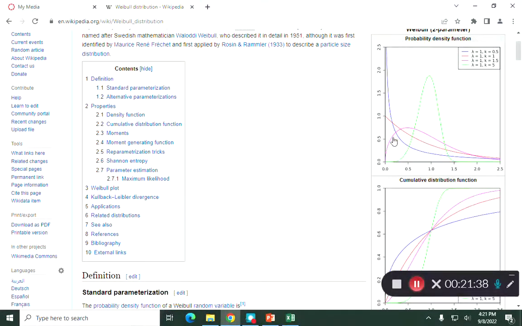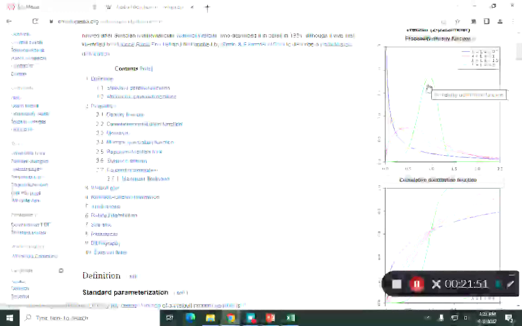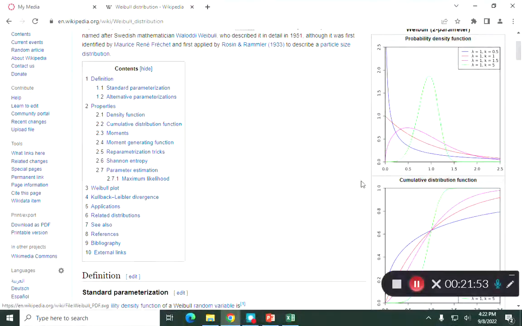You see the peak goes from almost 0 to pink to green. And guess what will happen if I keep increasing k to more and more value? This thing is going to move toward this side.